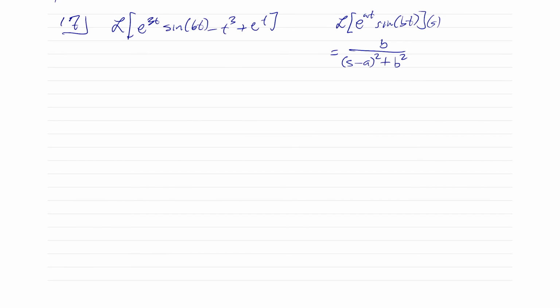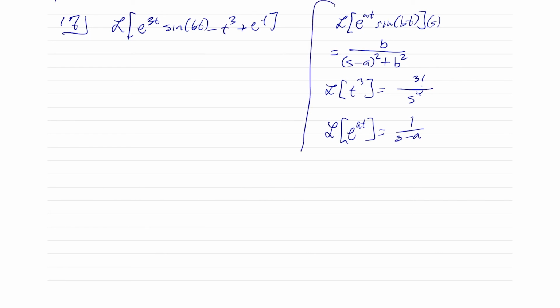The Laplace transform of t cubed is 3 factorial divided by s to the 4, if I remember right. And the Laplace transform of e to the at is 1 over s minus a. We're just going to use these, which come straight from the table.